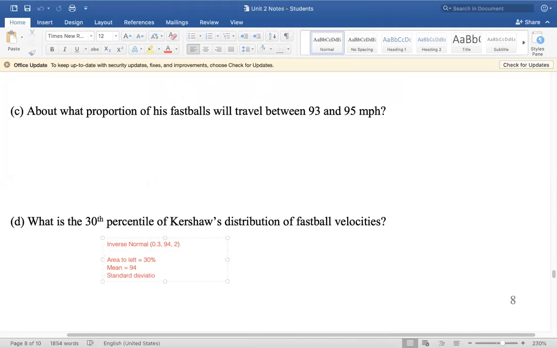Standard deviation equals 2. And then you could say a little sentence, to be in the 30th percentile, the fastball will need to travel 92.95 miles per hour. Okay. So the calculator becomes really, really nice to solve some of these problems.